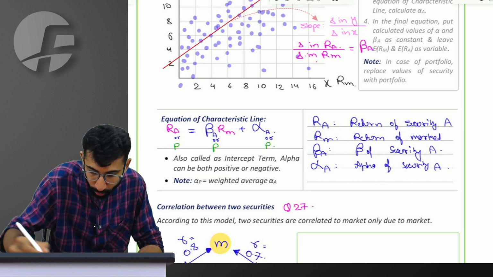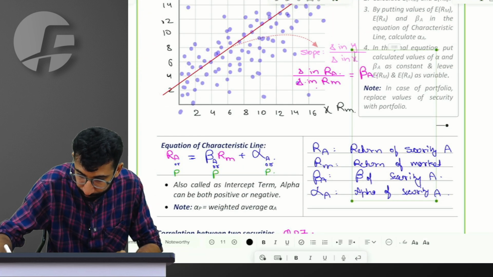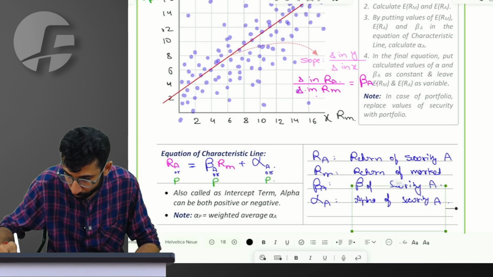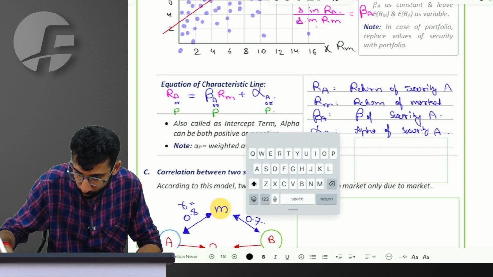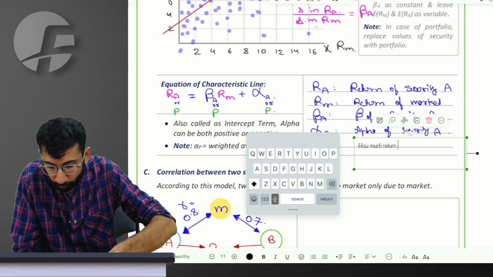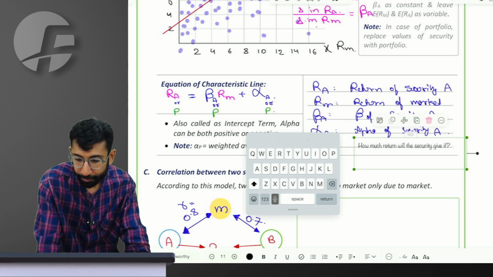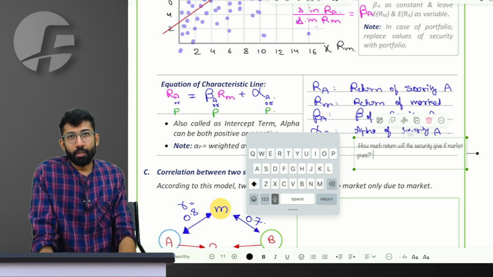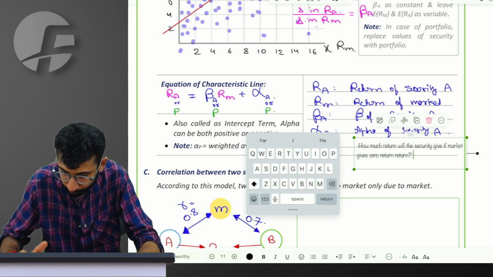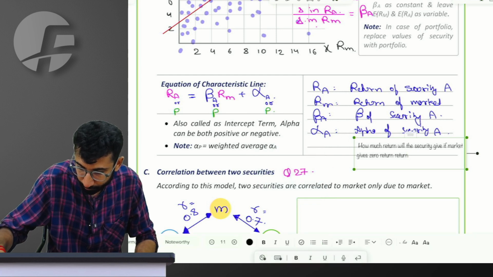Let us try to also write it down. What does alpha mean, everyone? How much return will the security give if the market gives zero return? That's the meaning of alpha. Cool, everyone?